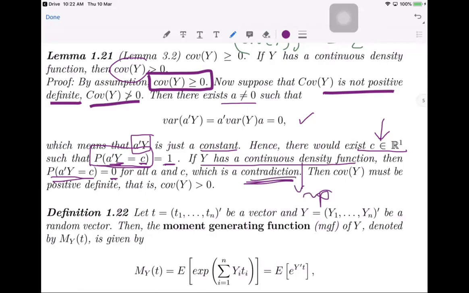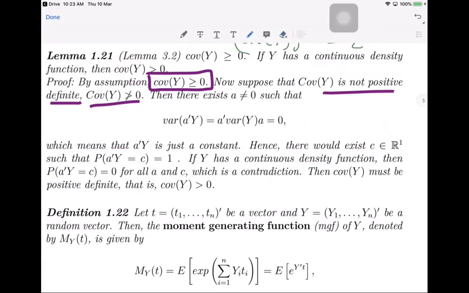Then our assumption that not Q must be wrong. So it must be that P: if Y has a continuous density function, then the covariance matrix is positive definite.